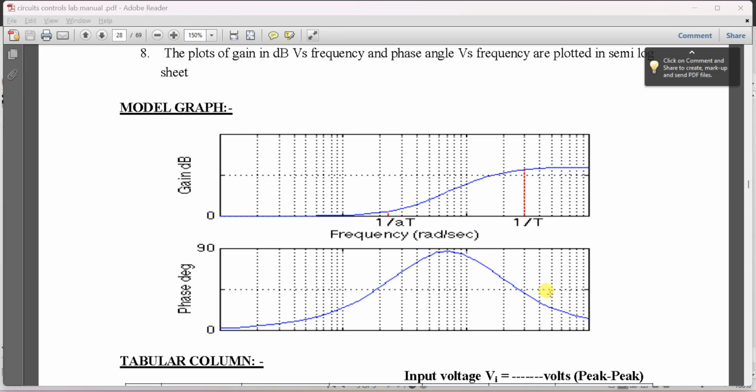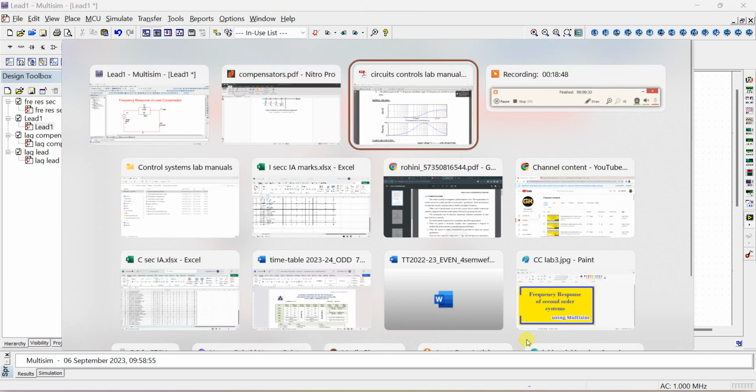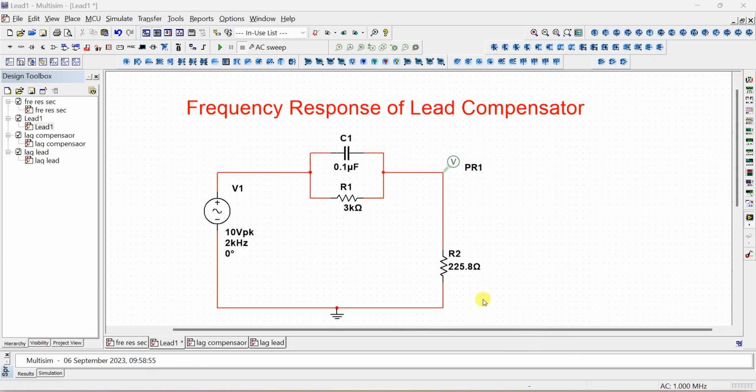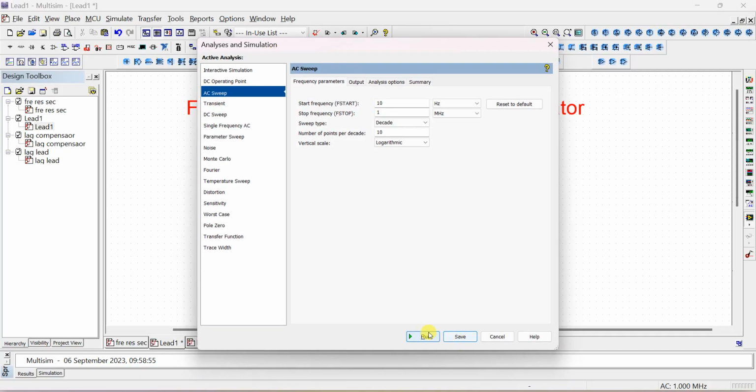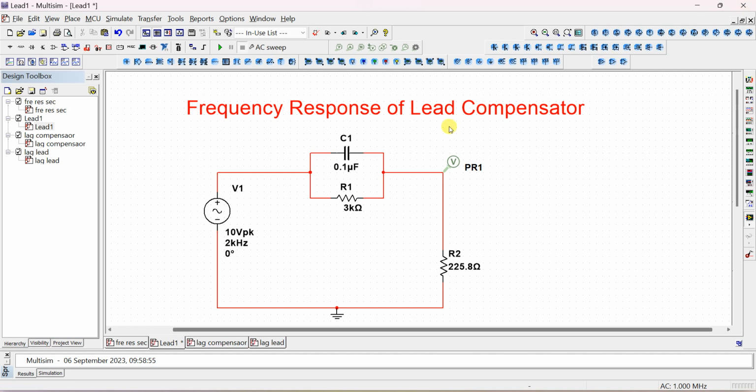So in the simulation also, we are getting the same thing. So this is the phase lead compensator. Now the lag compensator is the same.